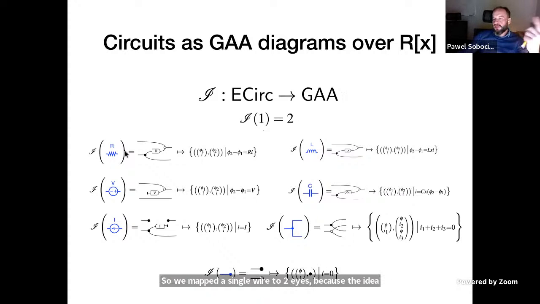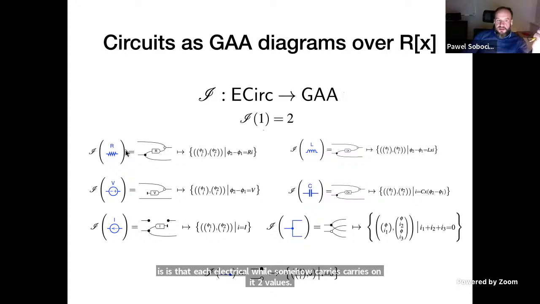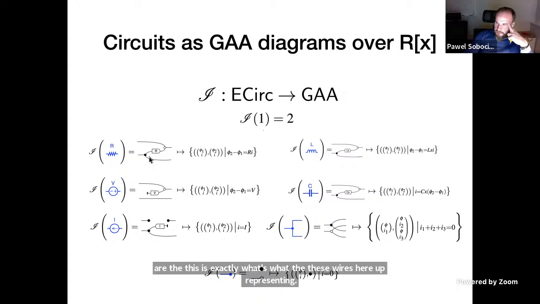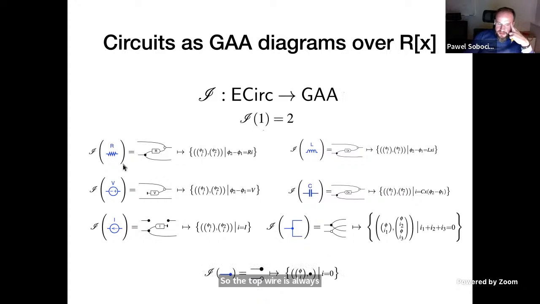It carries the voltage and the current. And this is exactly what these wires here are representing. So the top wire is always talking about the voltage and the bottom wire is talking about the current. And then each of these electrical elements represents a particular affine relation.